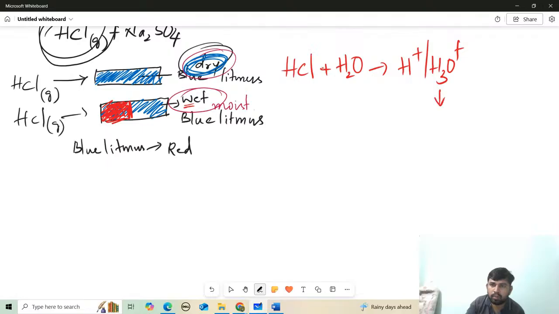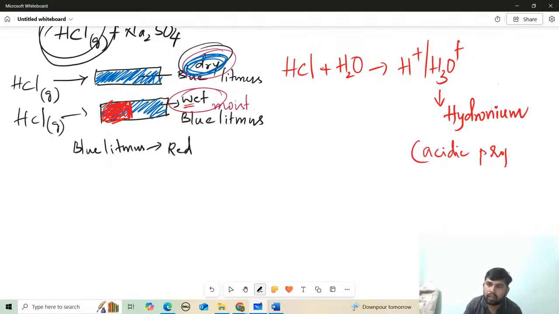This H3O plus ion is called the hydronium ion. These ions are responsible for the acidic character. The acidic property completely depends upon the H plus ion.